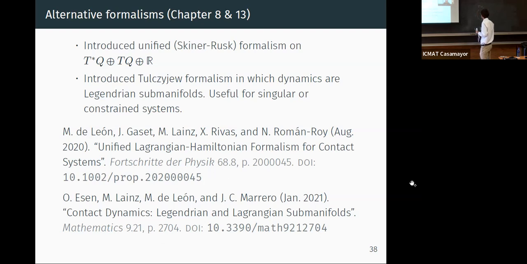And from here, you can use the contact form to define a Hamiltonian vector field. Yes, this is the right bundle.